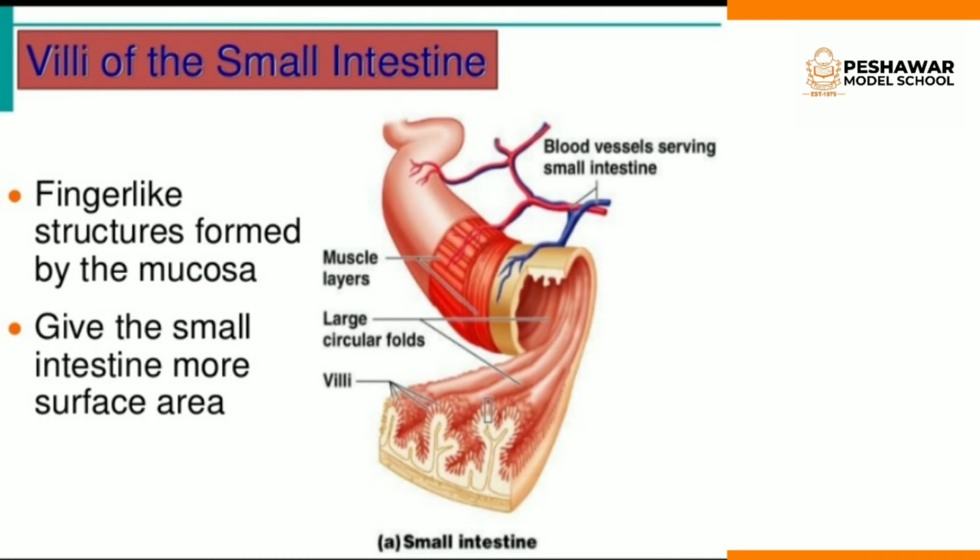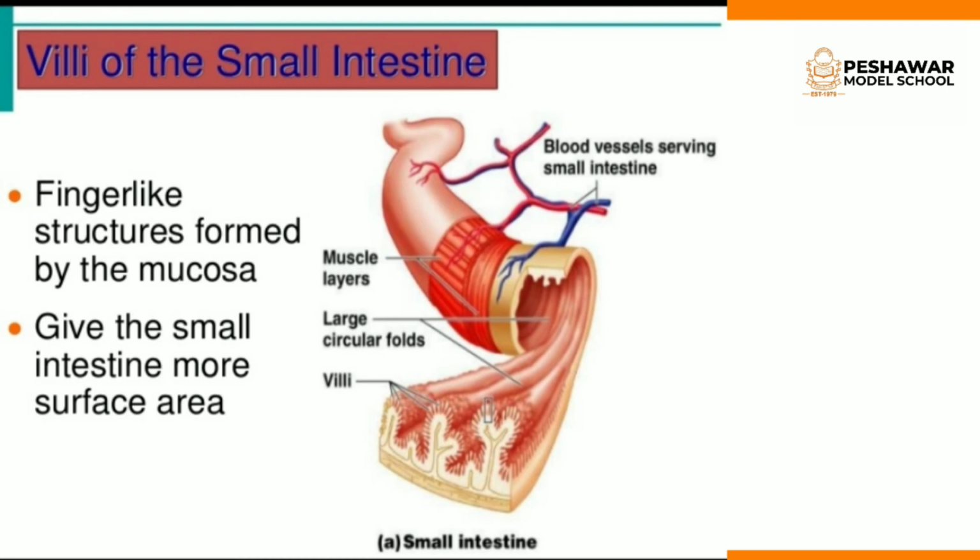The walls of the small intestine produce enzymes, and these enzymes digest carbohydrates, fats, and proteins. Clear? As I told you, the wall of the small intestine is covered with millions of finger-like projections, known as villi. Now what is the job of villi? What is the function of these villi?